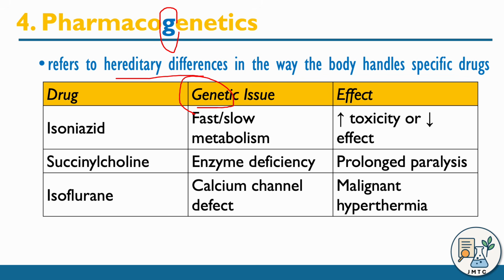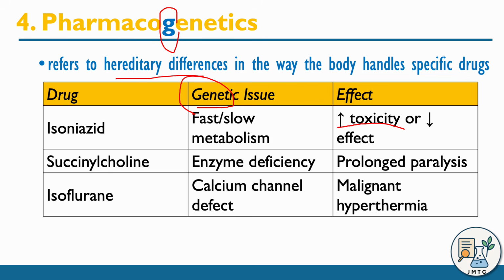So for example, sa book natin ito galing, isoniazid. So what happens? Some people break it down slowly, some break it down quickly. So the effects, meron tayong mga slow inactivators wherein the drug stays longer sa katawan natin. And it will therefore increase side effects. Meron namang rapid inactivators or rapid metabolizers.